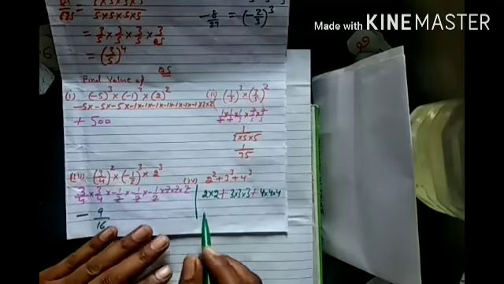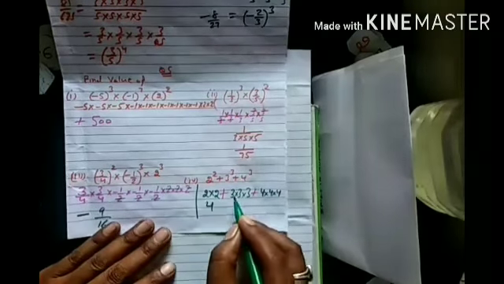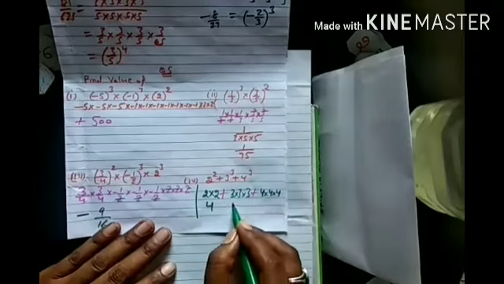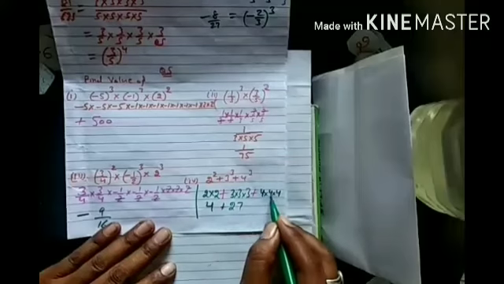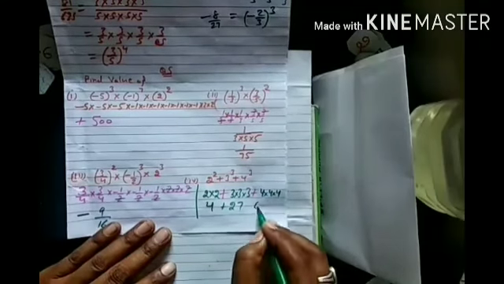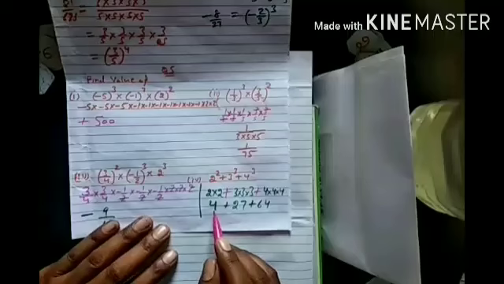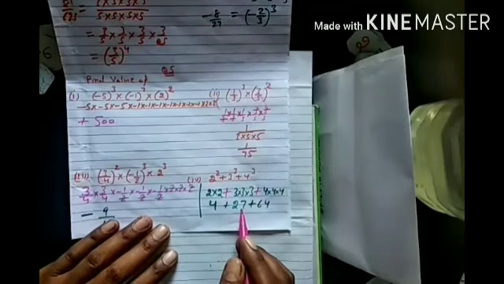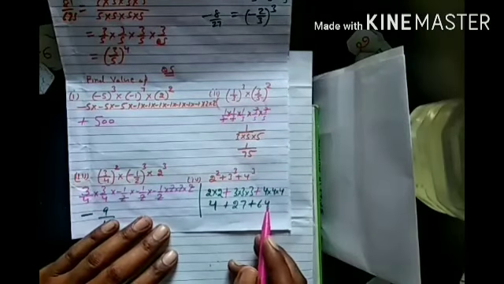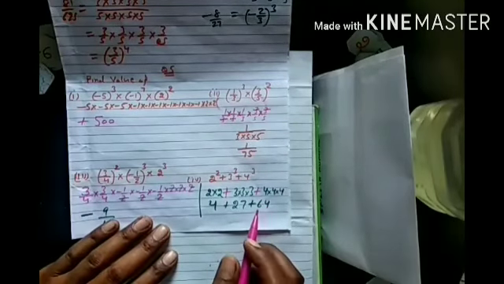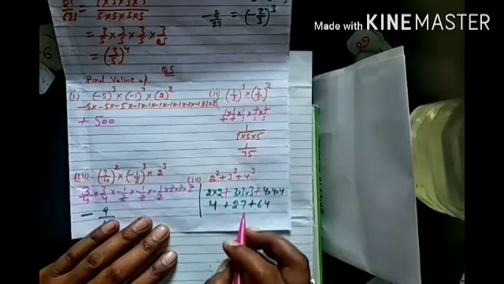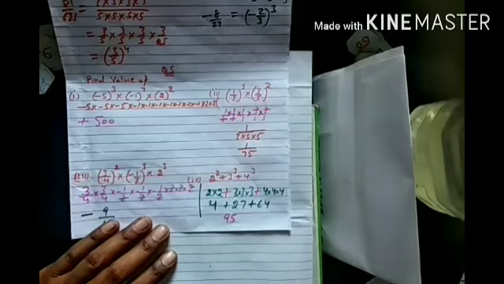Now 2 multiply 2, that is 4. 3 multiply 3 is 9, 9 multiply 3 is 27, and 4 multiply 4 is 16, 16 multiply 4 is 64. Now we are going to add these: 4 plus 27, that is 31, 31 and 64, 30 and 60 is 90, 1 and 4 is 5, that is 95. This is the answer.